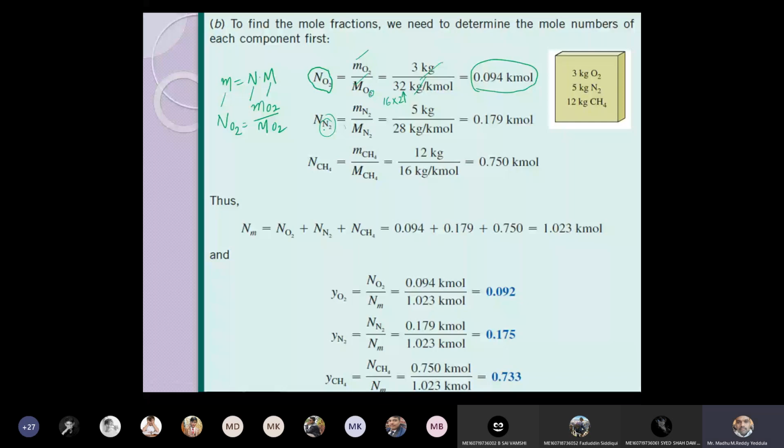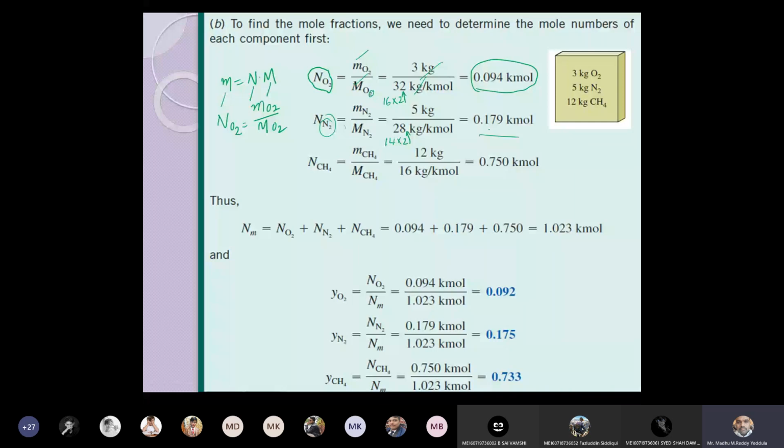N is 14, so N2 is 28. Agree? Molar mass of O is 16, O2 is 32. Similarly, N is 14, N2 is 28, and we got 0.179.